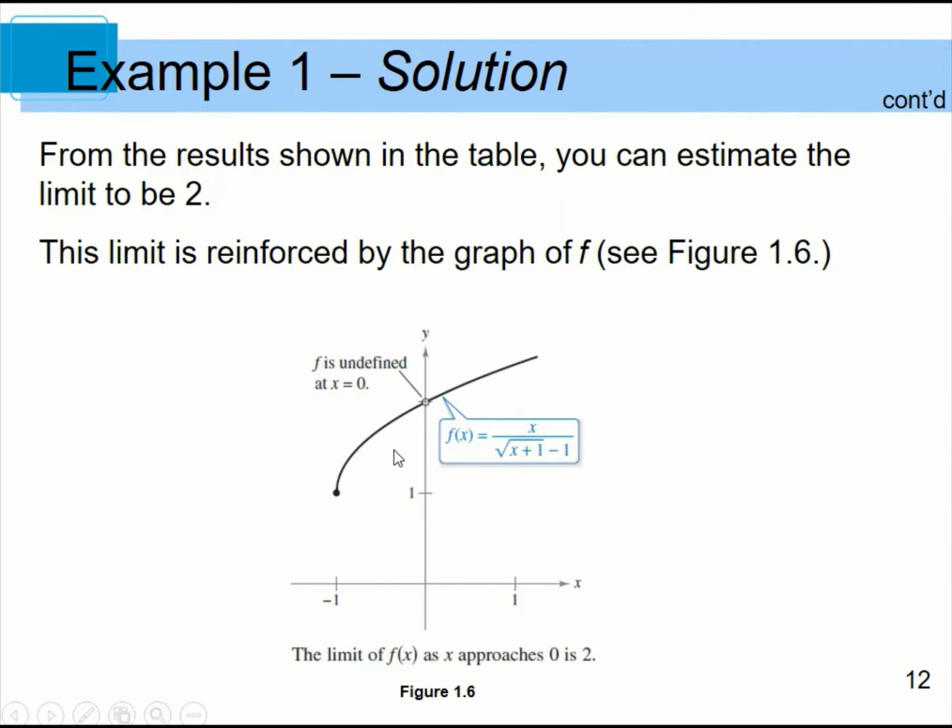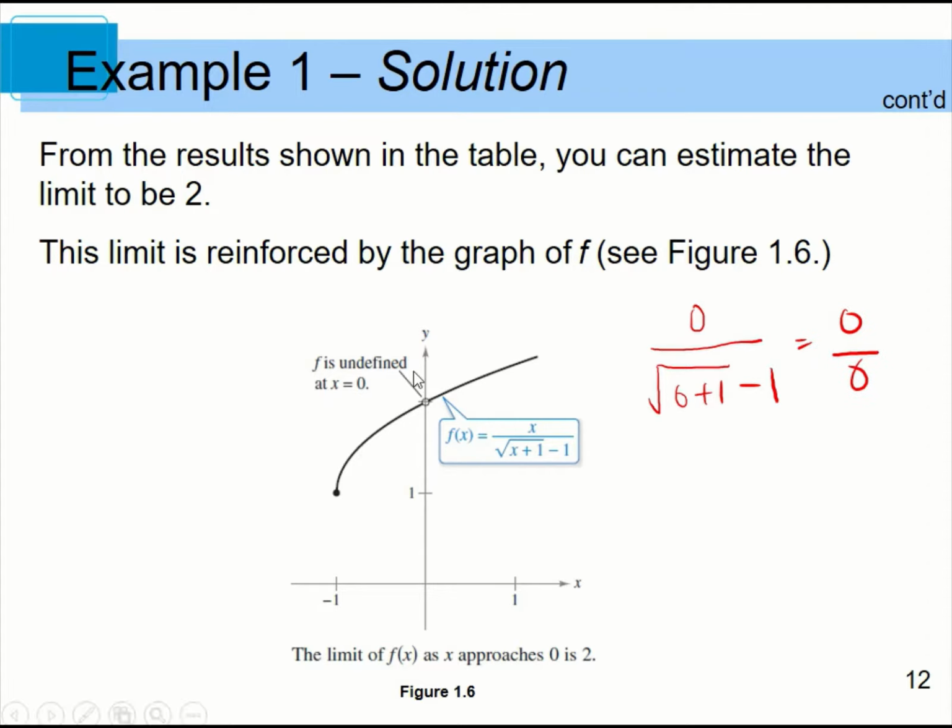If we examine the situation from the graph, this is the graph of the function. At this point itself, when x is 0, the value is undefined, because when x is 0, we have 0 over 0 plus 1 minus 1, so we have 0 over 0 here.